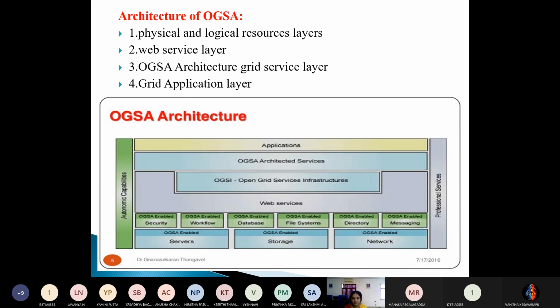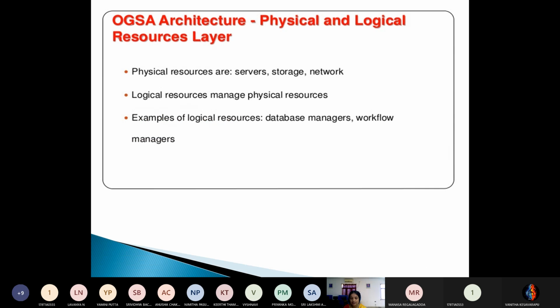In the physical and logical resource layers we have servers, storage and networks as the typical physical resources. Database managers and workflow managers are logical resources. Servers, storage and networks are the physical resources, and database managers and workflow managers are the logical resources.